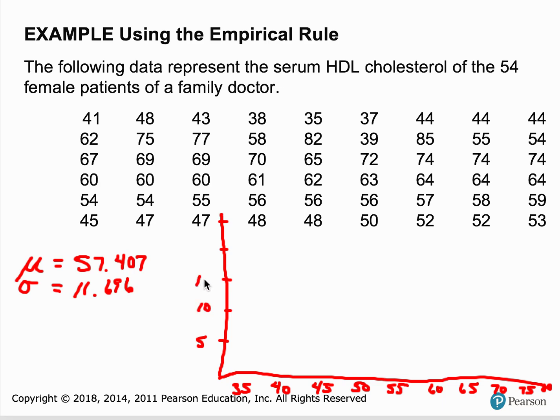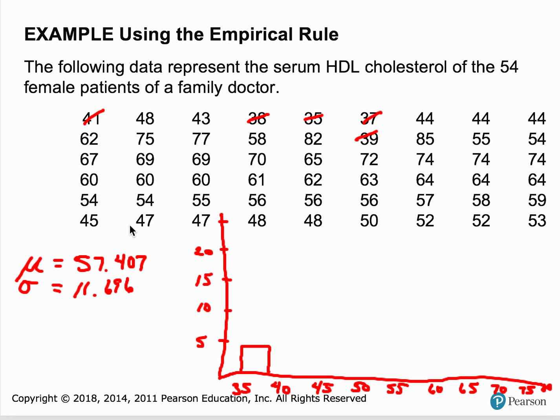So 35 to 39: one, two, three, four. So this bar is going to be about that tall. 40 to 44. Remember, there can't be an overlap, so I can't do 40 to 45 and 45 to 50, right? So it's 40 to 44.